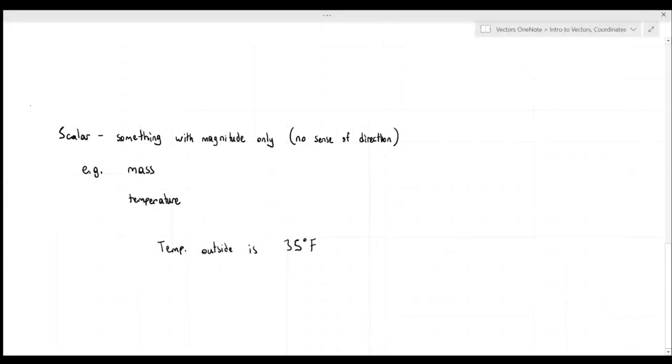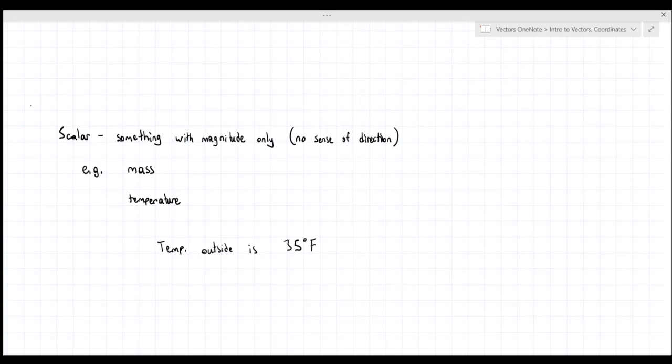But I wouldn't say that it's 35 degrees Fahrenheit and it's pointing north, right? Temperature doesn't have that sense of direction associated with it. You might say it's 35 degrees Fahrenheit, or if it were really cold, it could be -10 degrees Fahrenheit or something. But you wouldn't say that's pointing in any particular direction.